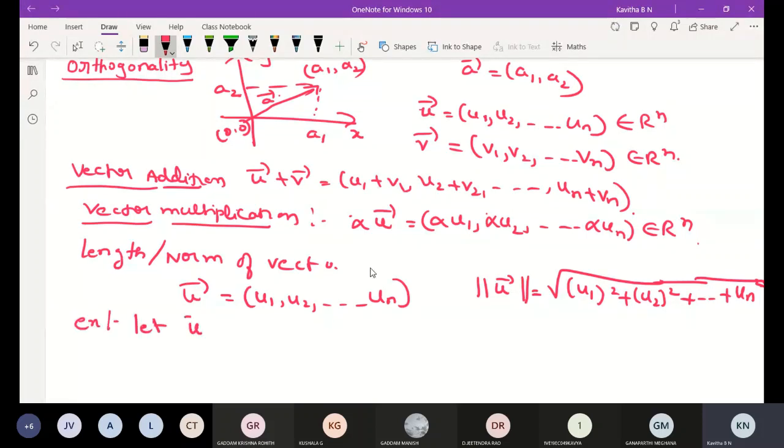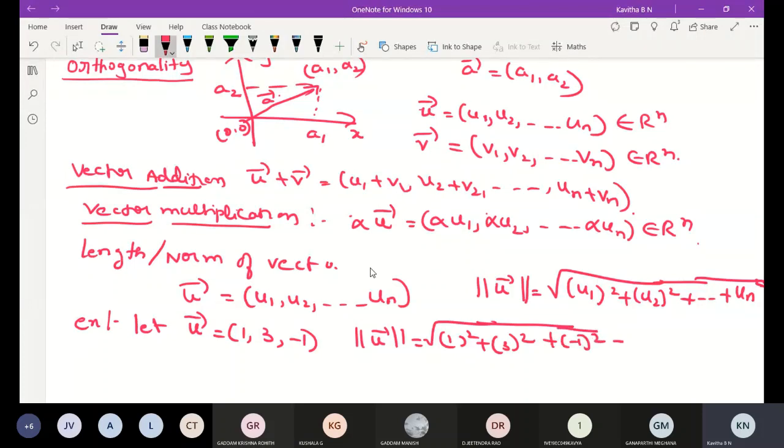Let U bar be equal to 1, 3, minus 1. Then the length of the U vector is equal to the square root of 1 square plus 3 square plus minus 1 whole square. What are we getting here? 1 plus 9 plus 1 is equal to the square root of 11.